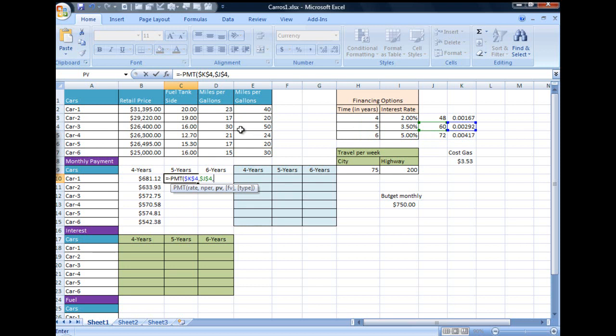Who is B2? B2 is the same car. Close the parenthesis and press enter. Perfect. Now drag this information.